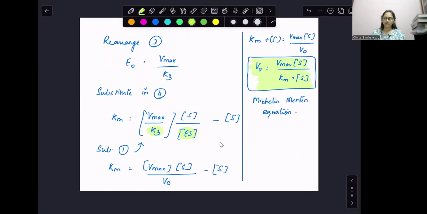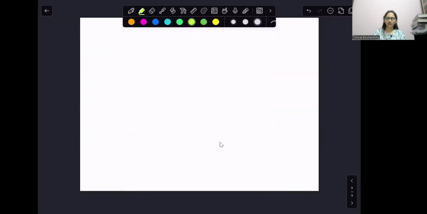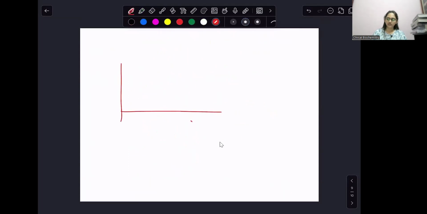Okay. So in the Michaelis-Menten graph, X is the substrate concentration, Y is the velocity. But the curve goes like this, and when does it attain the maximum velocity? That we don't know. Yes, that's a very tedious process.